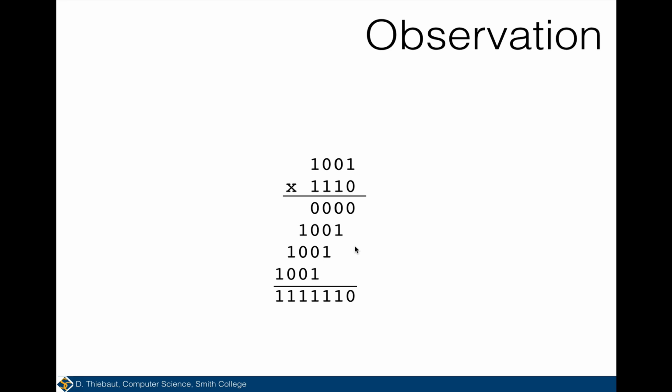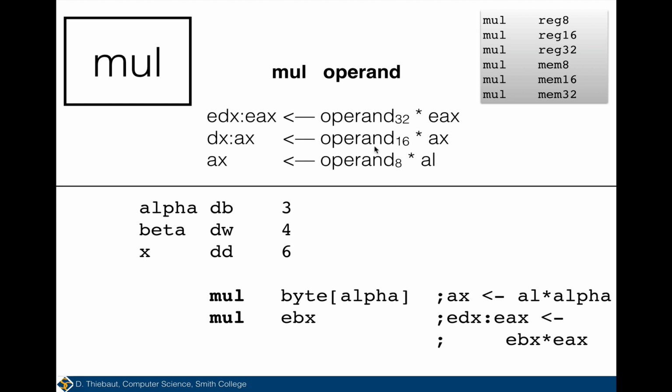That creates a challenge for the Intel designers. When they were designing the Pentium, they had to figure out how to handle this, because all the registers inside the Pentium are 32 bits, but your result is going to be 64, so you have to store that somewhere. This is what they decided to do.